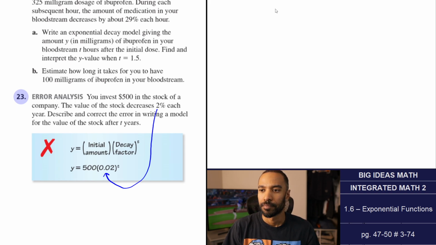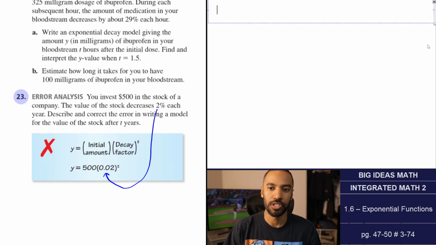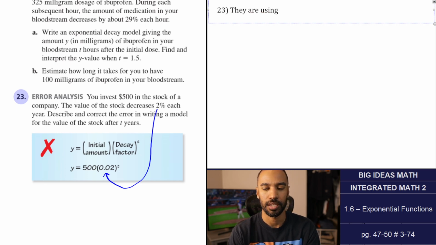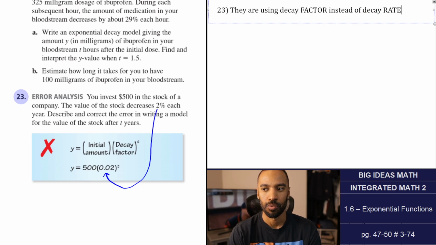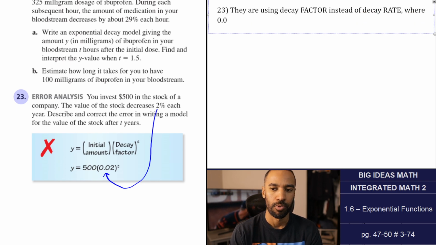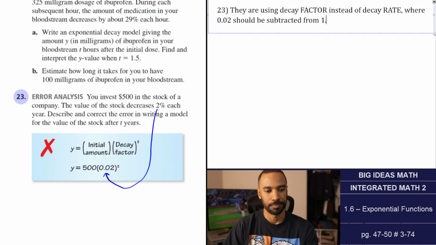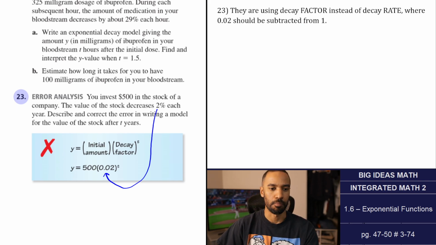So as far as their language, for 23, they are using decay rate instead of decay factor, where 0.02 should be subtracted from 1. The rest is good model-wise.